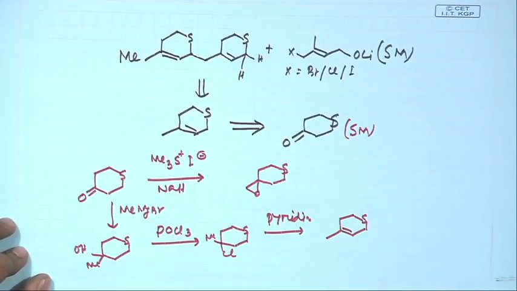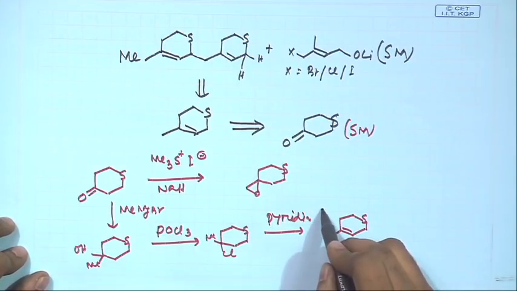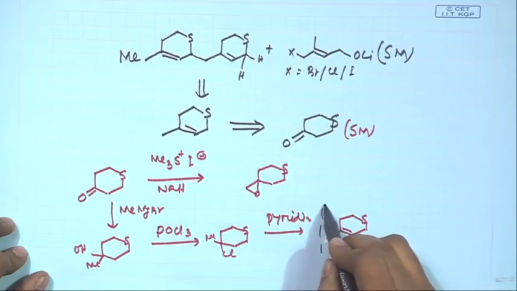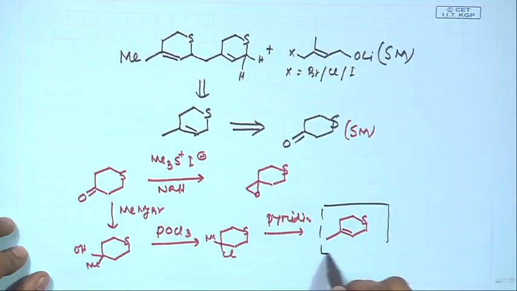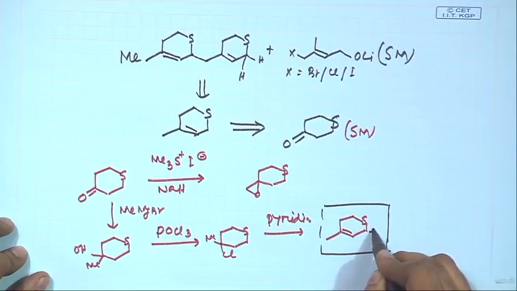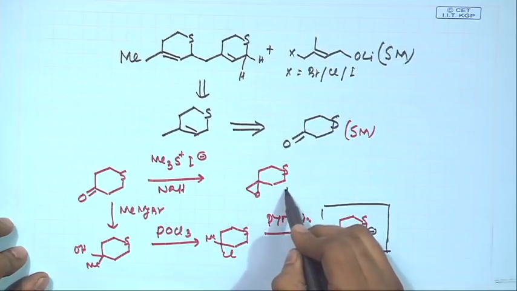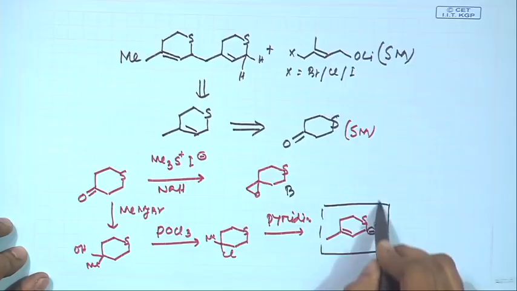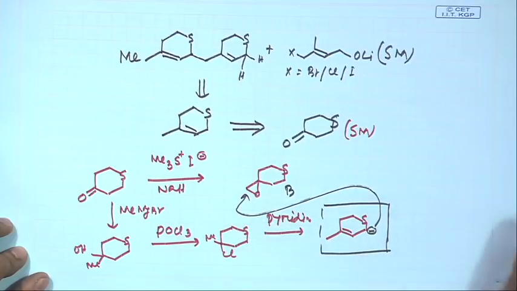Okay. Now, this allylic sulphide is a very interesting precursor. If you subject this allylic sulphide to base, it will generate this anion. Now, this anion will try to react with this epoxide in a sterically less hindered way.